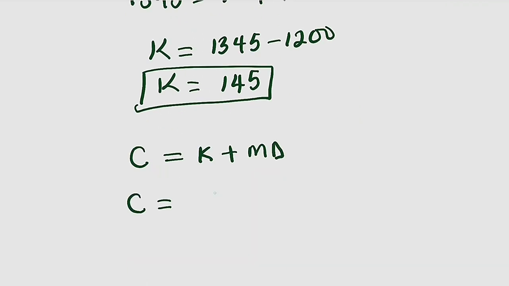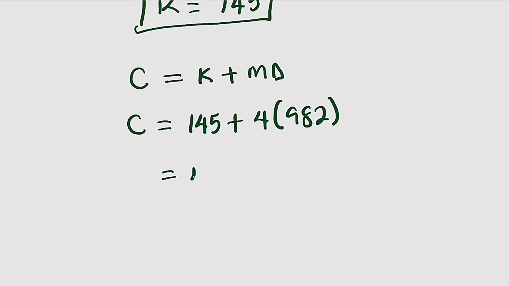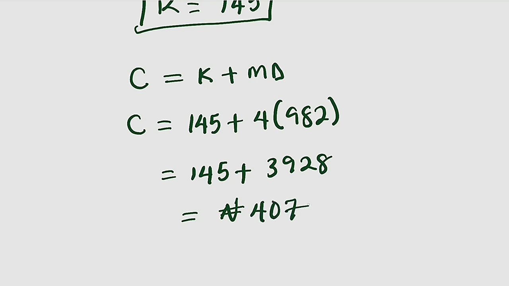The cost will be K, and K is 145, plus M, which is 4, multiplied by 982, which is the distance from Lagos to Kaduna. This is equal to 145 plus 4 multiplied by 982. That will give us 3,928. Once you add these two numbers together, you have the total cost of 4,073 naira. So this is the cost of the transportation from Lagos to Kaduna.